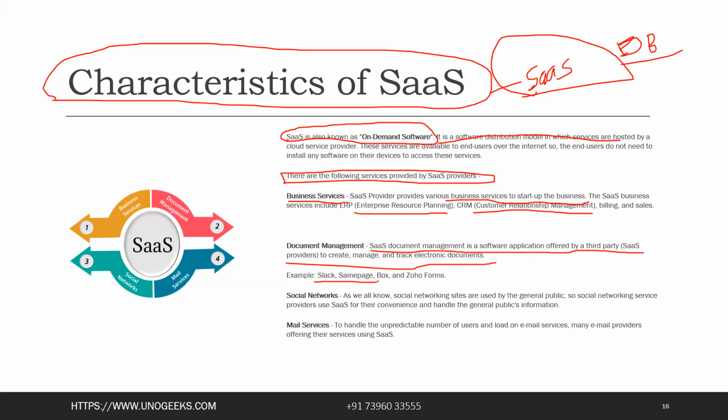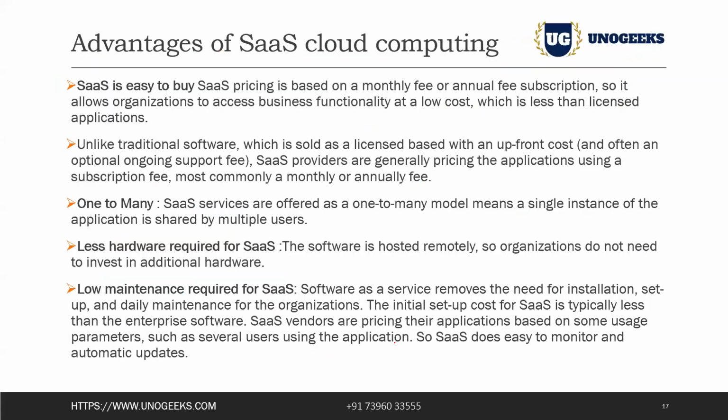And like Stack, Same Page, Box, Zoho. So these are a few of the documentation parts, and you can do social networking for things like convenience and mail services. A few of the mail services you can utilize with the SaaS offerings.